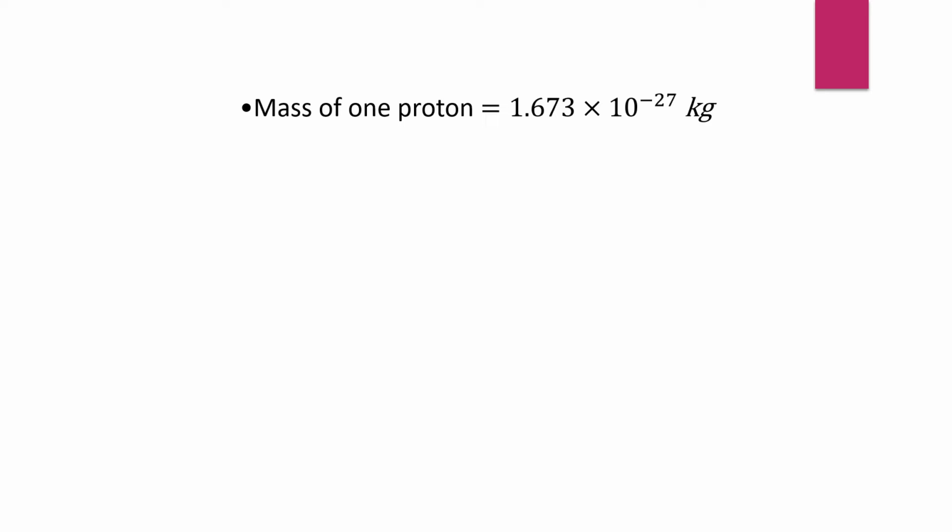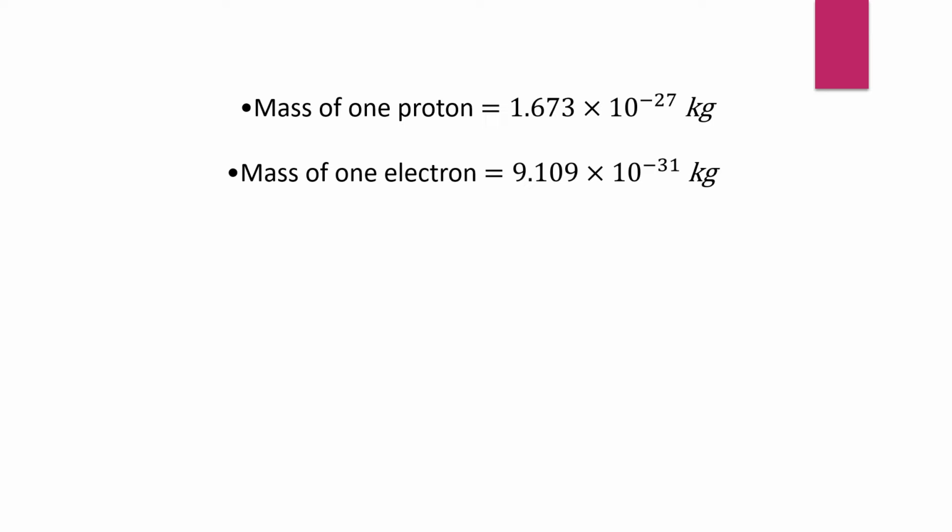Mass of one proton is equal to 1.673 into 10 power minus 27 kgs. Mass of one electron is 9.109 into 10 power minus 31 kg. Notice the mass of electron is very much smaller than the mass of proton.